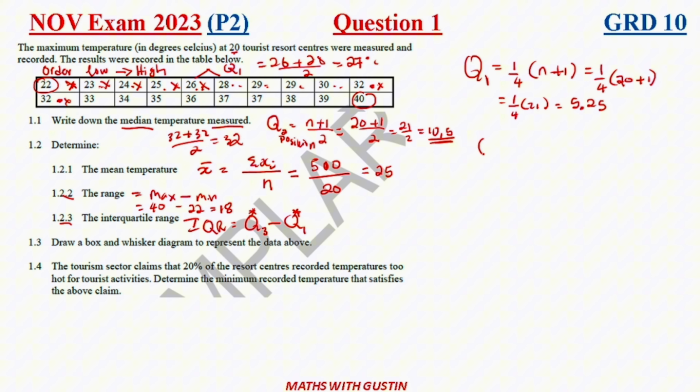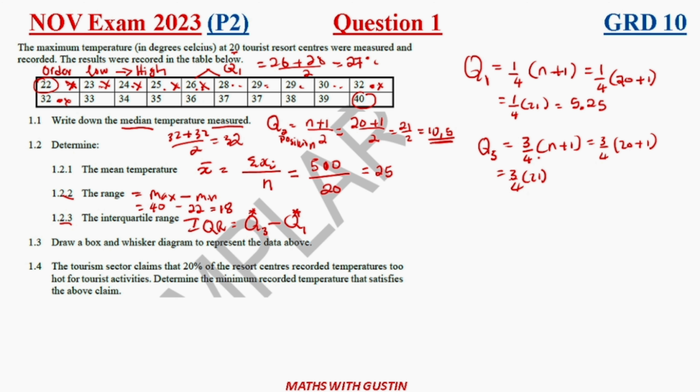So now Q3 is equal to 3 over 4 multiplied by (n plus 1). So this is 3 over 4 times (20 plus 1), which will give us 3 over 4 times 21.